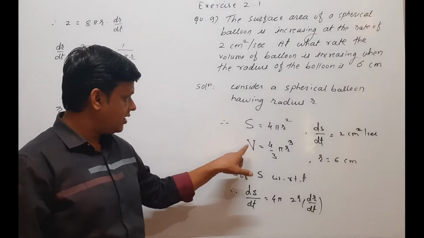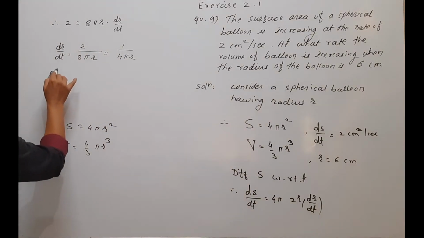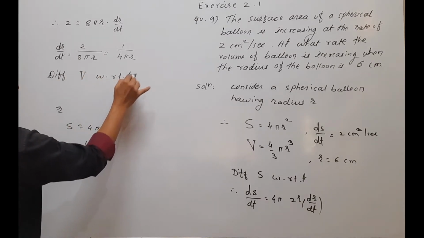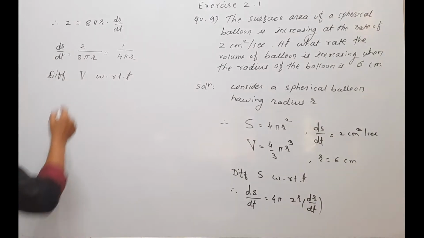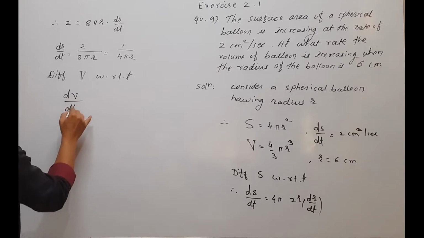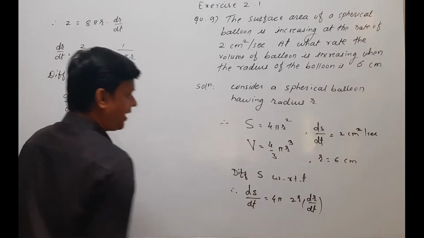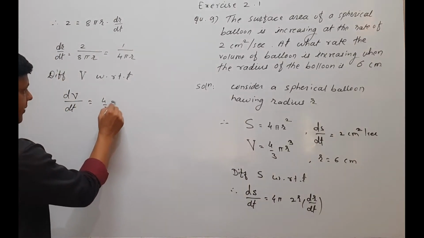So differentiate this v with respect to t. So derivative of v with respect to t, we write dv by dt is equals to, so here 4 pi upon 3 is constant, so write 4 by 3 pi as it is.